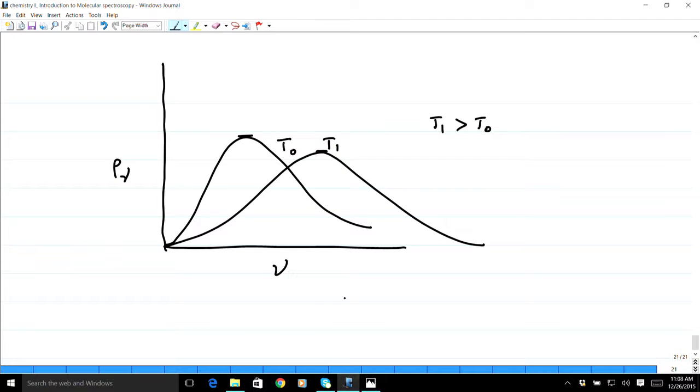Likewise, if the temperature increases, the maximum shifts towards higher and higher frequencies.